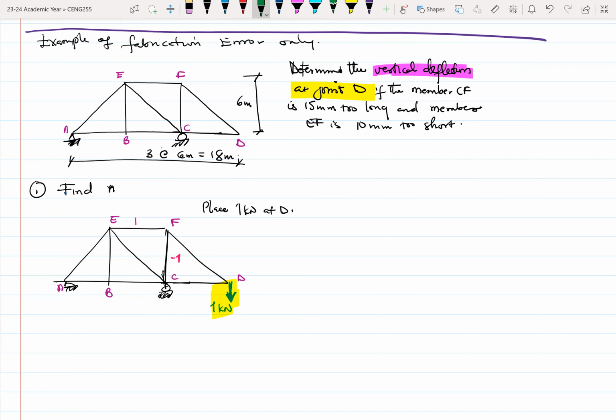All right. Here again, sometimes once you understand how this process works, you'll realize that you don't need to find the forces in all the members. Okay. Again, there are members which will contribute to the overall deflection of that particular joint. That matters, right?